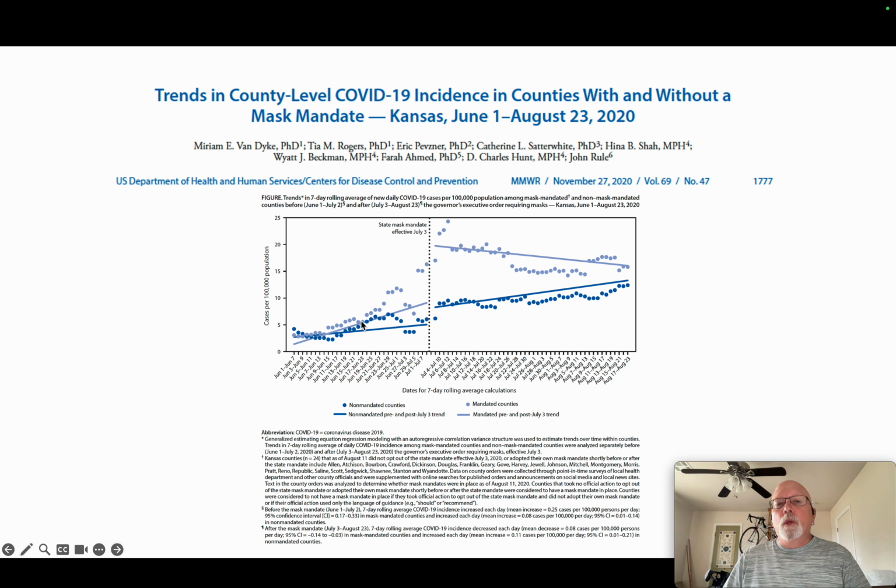And so the mandated counties were increasing drastically in terms of the increased case rate. The number of cases per 100,000 individuals was going up, and it was going up at an increasing rate. And then it started to decline after the mandate.